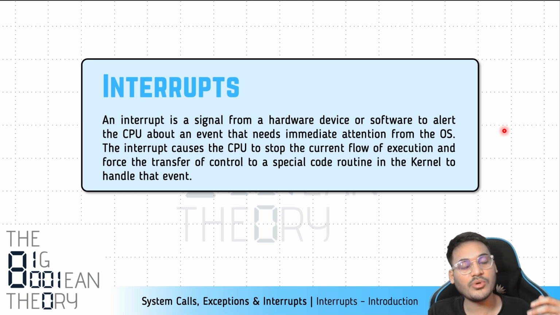And then the operating system executes a special piece of code, or we can say a special routine, that handles the interrupt. It takes certain action in the context of the event.